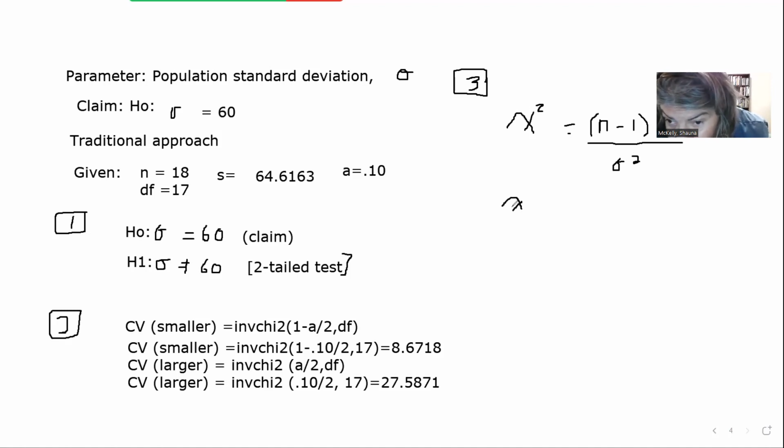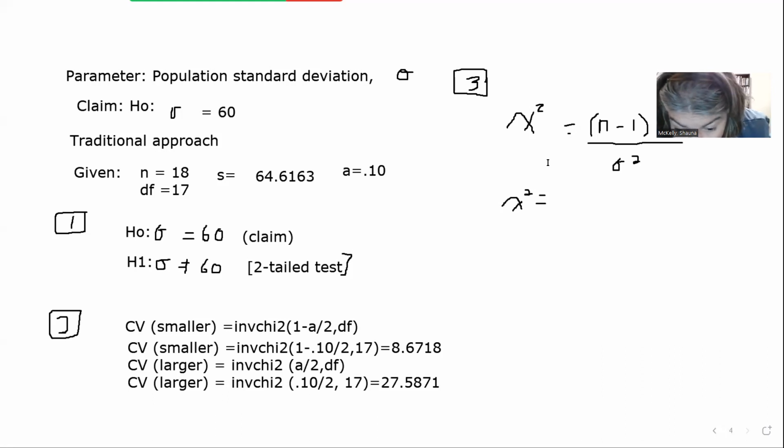So what this looks like for this problem is this. You have chi-squared equal to n minus 1, which you can feel free to do in your head. 18 minus 1 is 17.